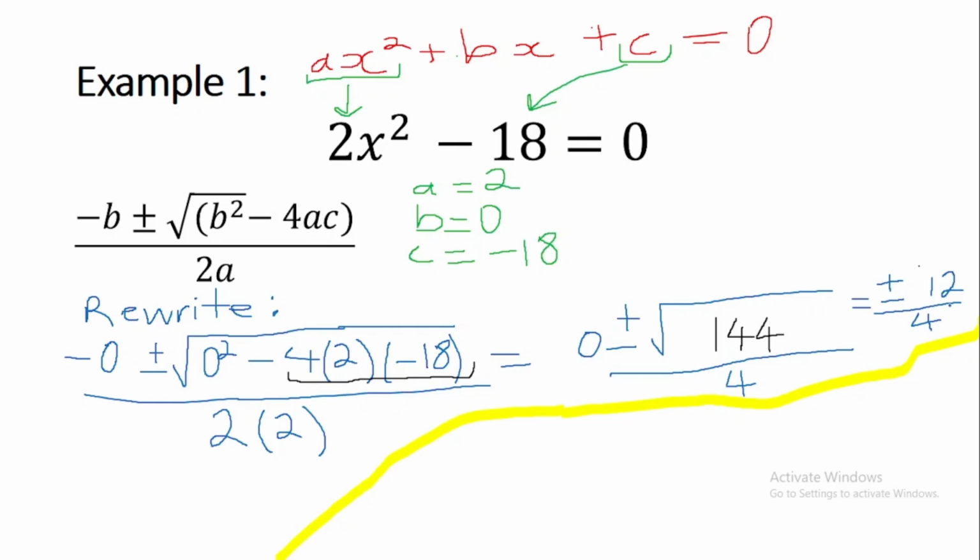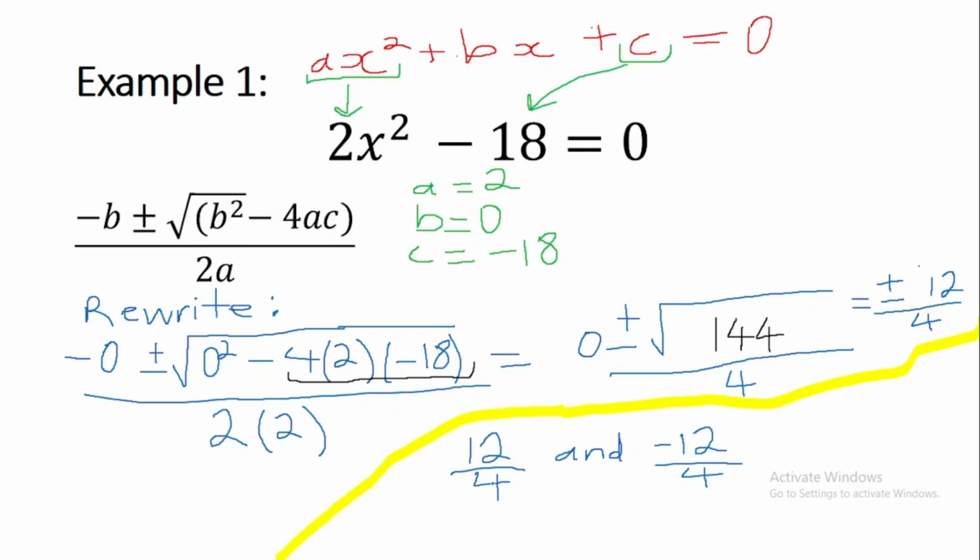So this plus or minus 12 over 4 means that we have to separate it into two parts. One where we have a positive 12 or plus 12 over 4, and we also have negative 12 over 4.